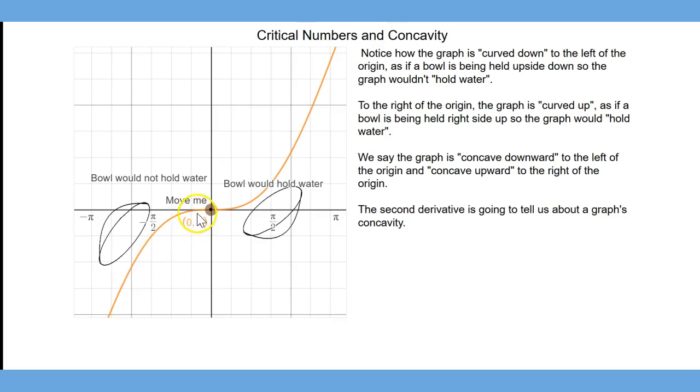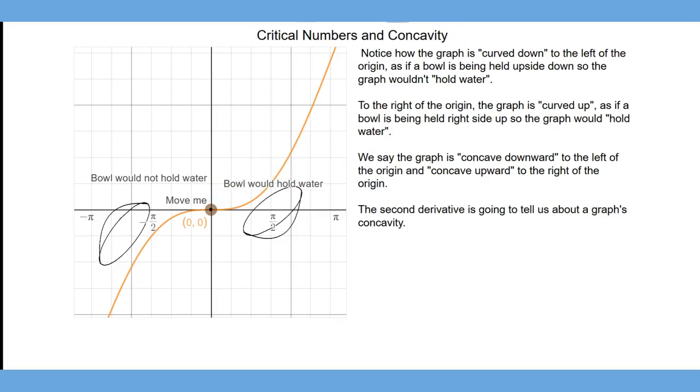So to the left of the y-axis, where it's concave down, it's like an upside-down bowl. It's not going to hold water. And to the right of the y-axis, it would hold water.